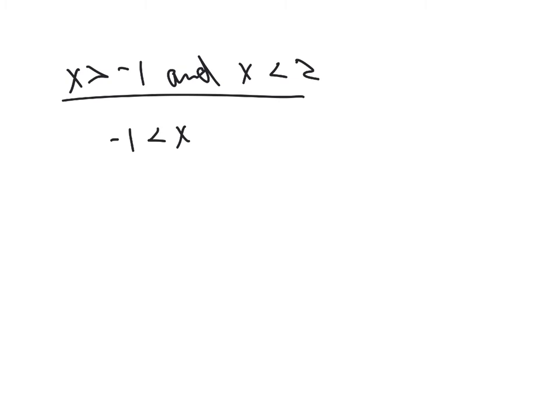Notice -1 is less than x, or x is greater than -1. I just changed the order around and turned the sign with it. And x is less than 2. So I wrote it without the word and I put the x in the middle. So if the x is less than 2 and it's greater than -1, I can write it this way. So that is more of a shortcut way of doing it.